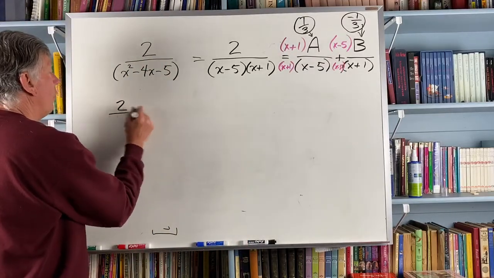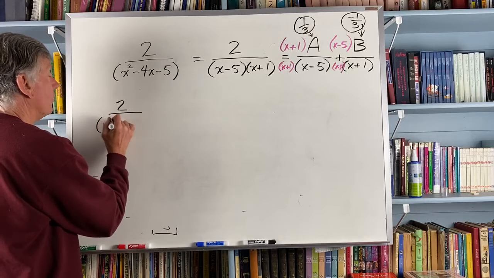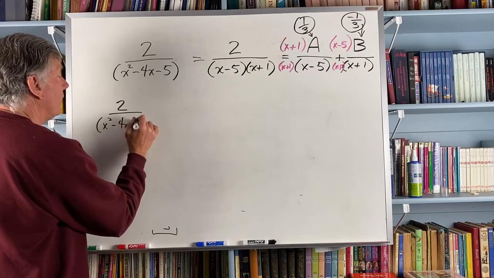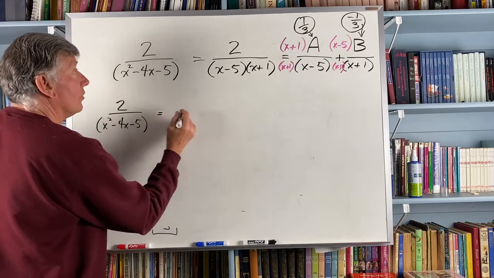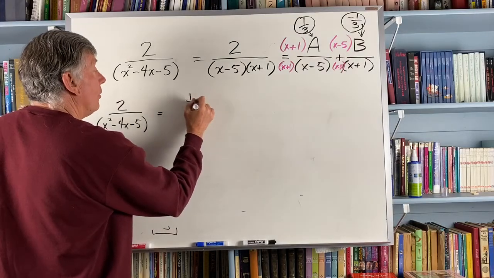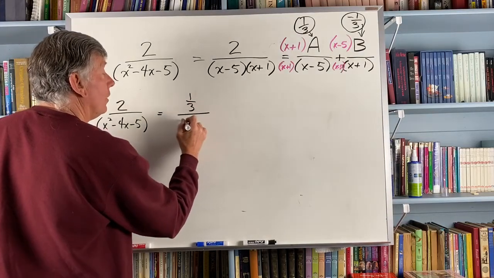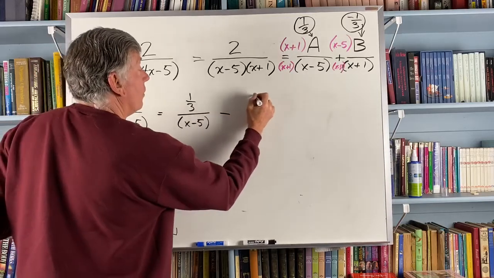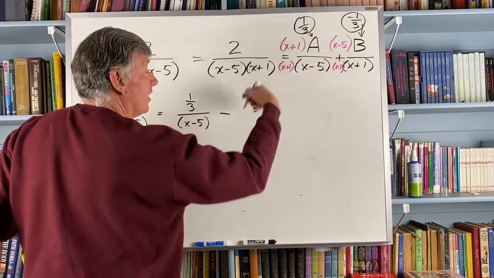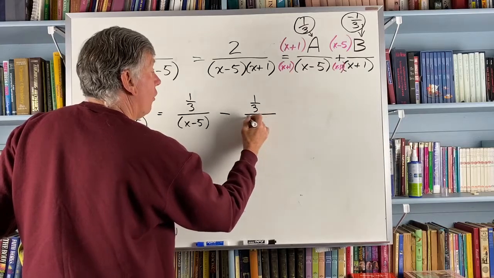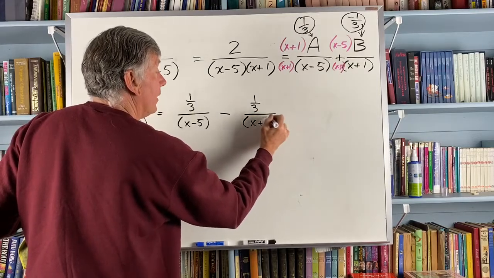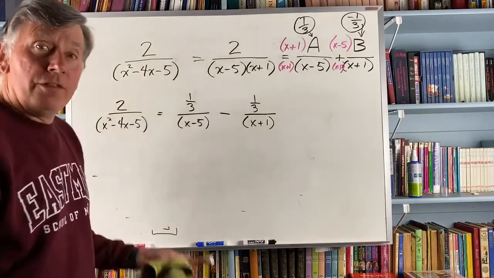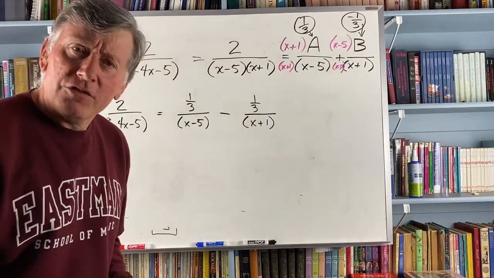So 2 over x squared minus 4x minus 5 is equal to 1/3 over x minus 5 minus 1/3, just moving the negative down in front, over x plus 1. That's my answer.